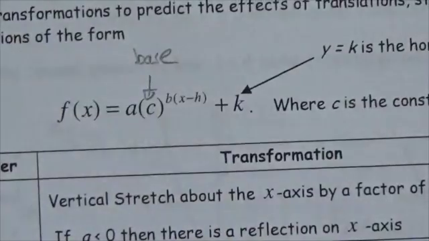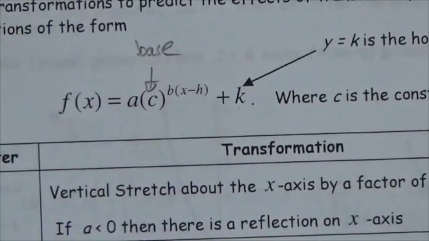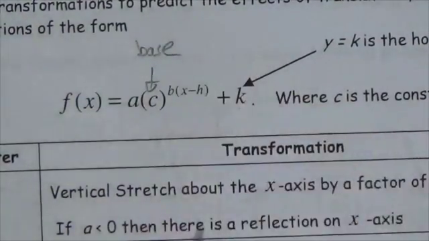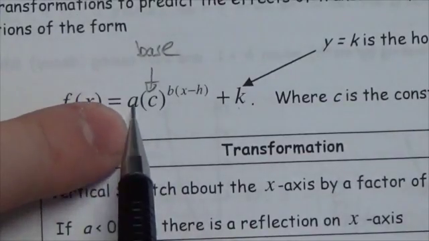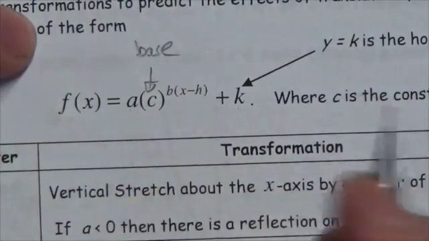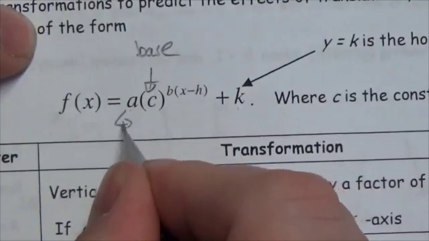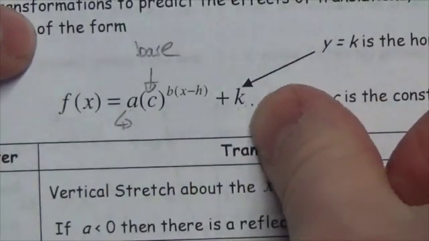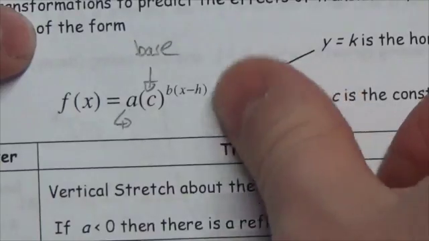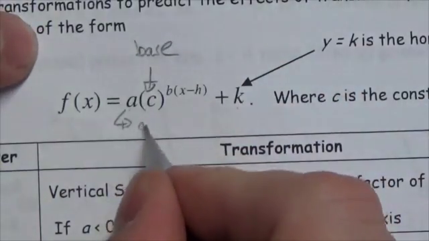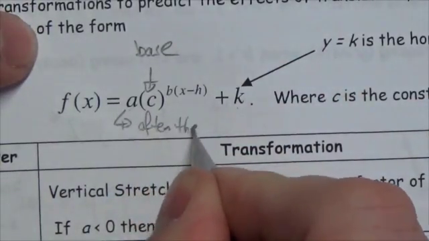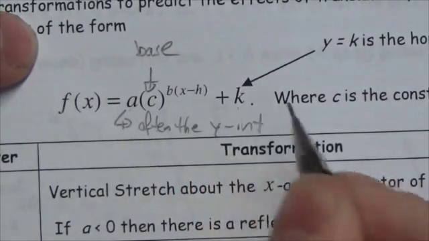Now there's a chart underneath here that you can look at, but I'm just going to run through and summarize it really quickly. A is going to be a vertical stretch. Now additionally, because it's the vertical stretch, if there's no vertical translation, it's often the y-intercept.